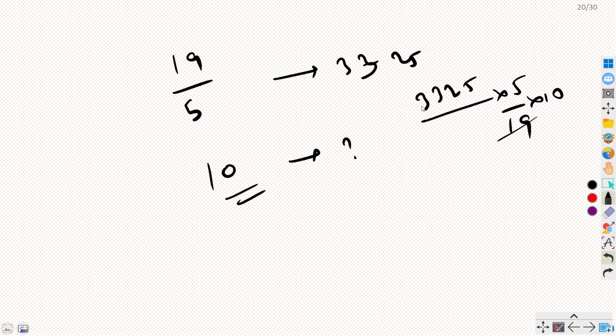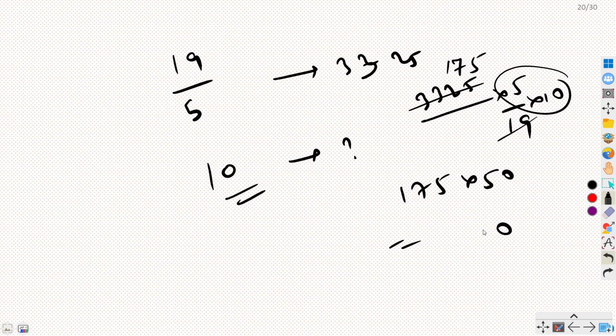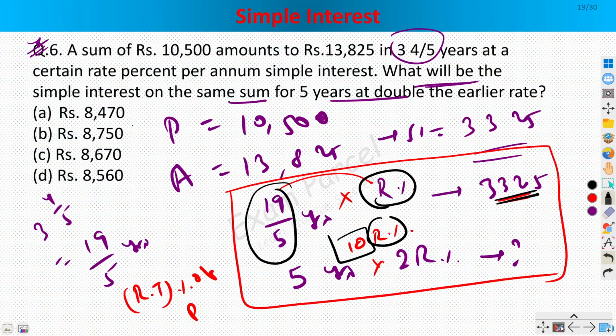So will this get cancelled out? 7 times 5 is 175, so 175 into 10 into 5. So 175 into 50, which is 8750. Option B.